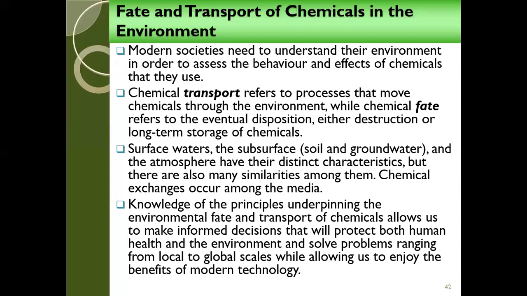It has to do with the processes that move chemicals through the environment, the movement of chemicals from one environmental compartment to another. And then we have been talking about fate. It has to do with the eventual disposition, either destruction or long storage of chemicals. Here it's talking about time, how much it can reside before it can be removed, or how much it can be stored in the environment, and so on.